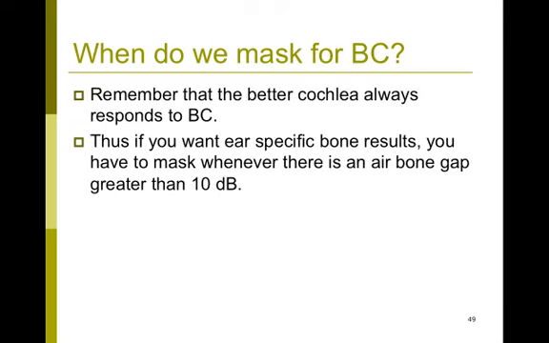For bone conduction, if you want to get ear-specific results, you almost always have to do masking. Whenever there's an air-bone gap greater than 10 dB, you'll have to do masking to get the masked thresholds for the poorer ear.